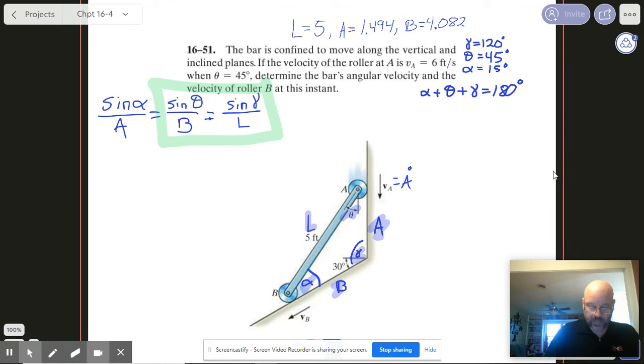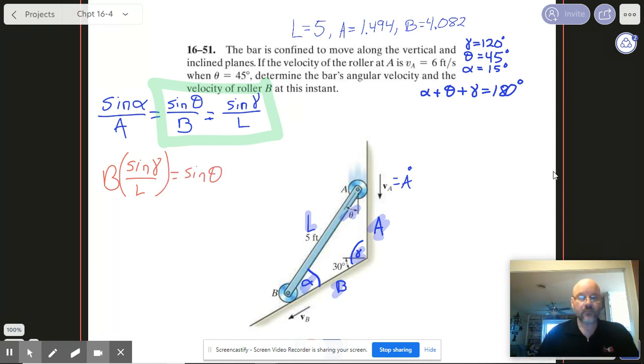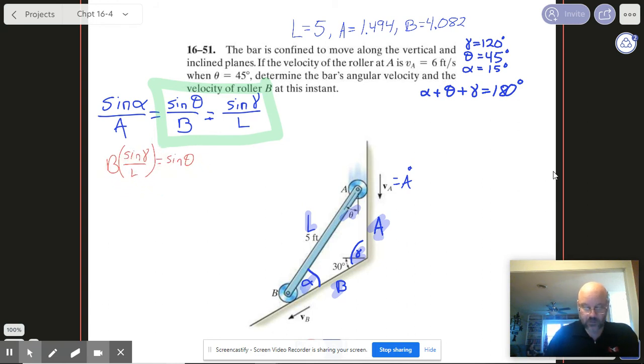So we're going to have here that B, one more time, B times sine gamma over L is going to be equal to sine theta. So there's my relationship. And I'm going to make that a little bit smaller.